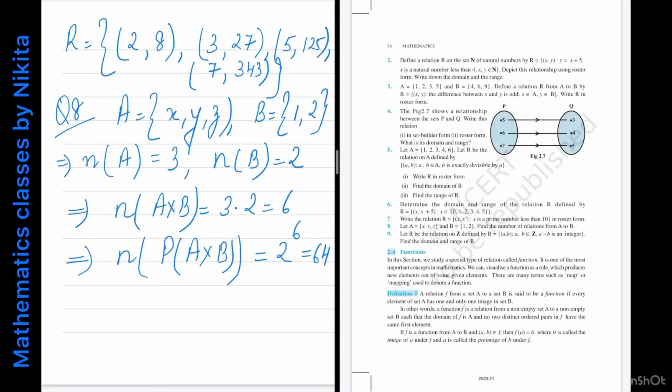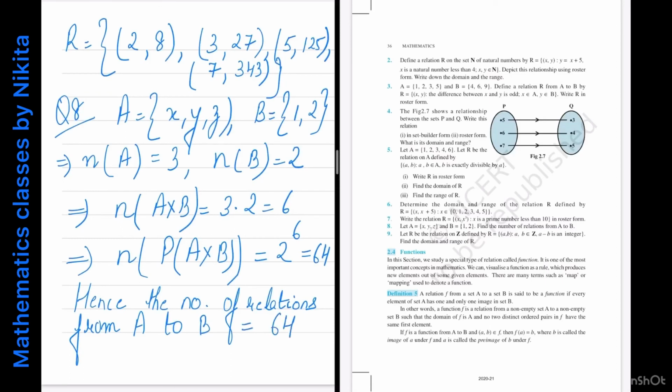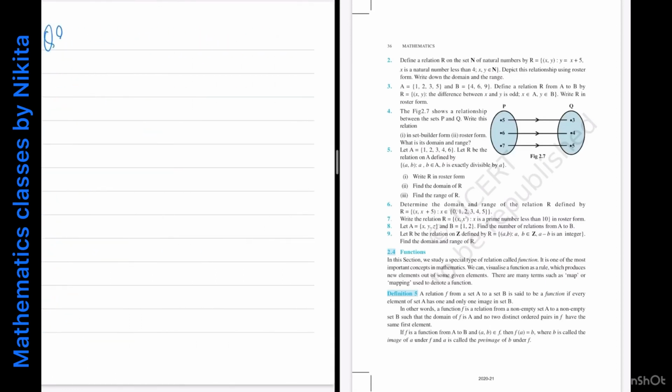So hence the number of relations from A to B is equal to 64, because I know that a relation is a subset of A cross B. So basically we are finding the number of possible subsets of A cross B, that is the cardinality of the power set of A cross B. So the number of relations from A to B is equal to 64.